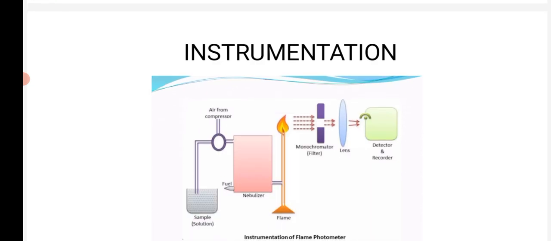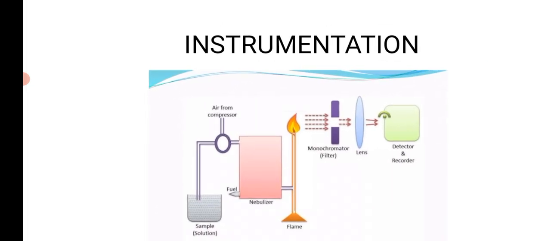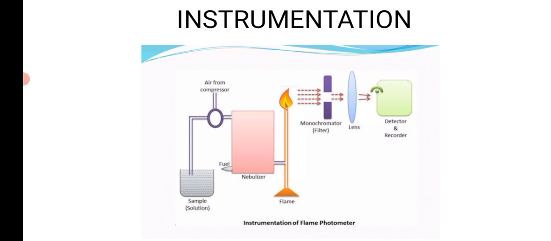The next one, this diagram shows the instrumentation, clearly how with the help of the flame we finally determine what type of element is present, quantitatively and qualitatively. First, we take the metal atoms of the sample, which is a solution.